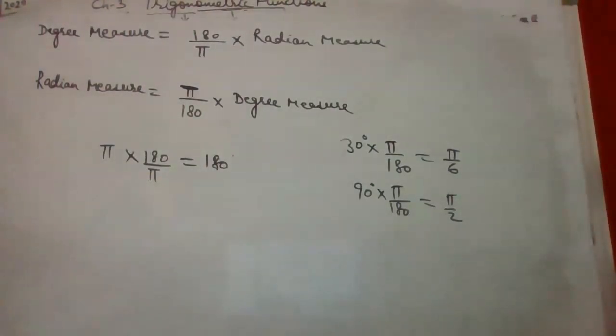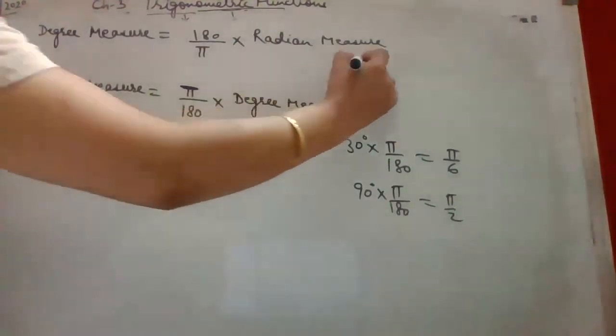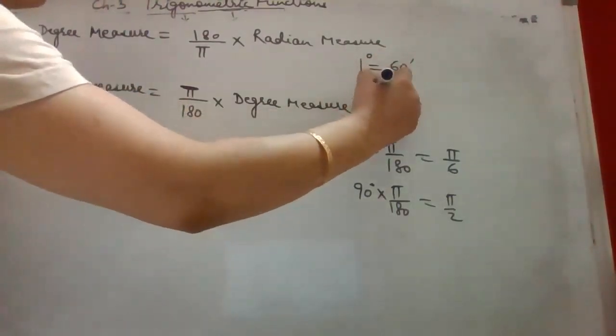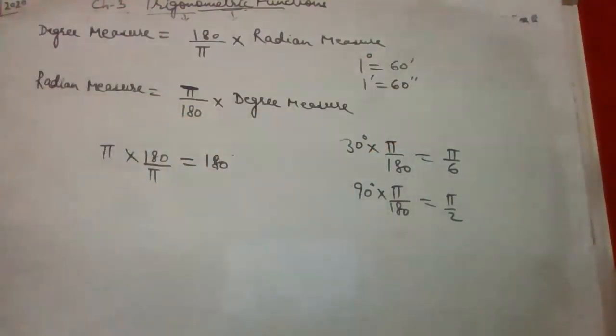Second thing, we have studied that 1 degree equal to 60 minutes and 1 minute equal to 60 seconds. So the angle should be in terms of degrees, minutes and seconds.